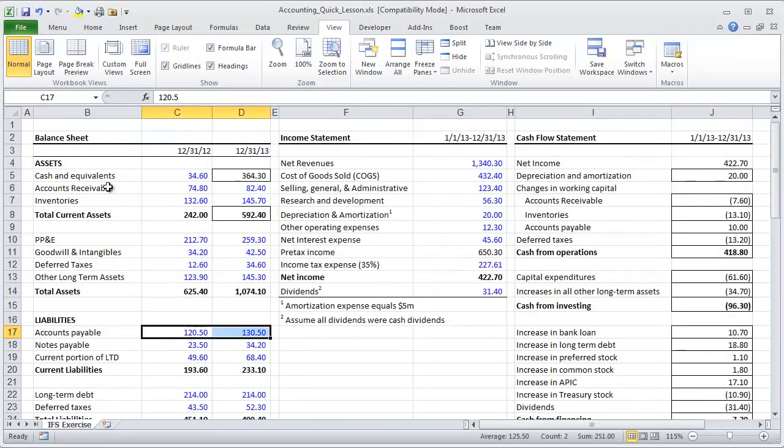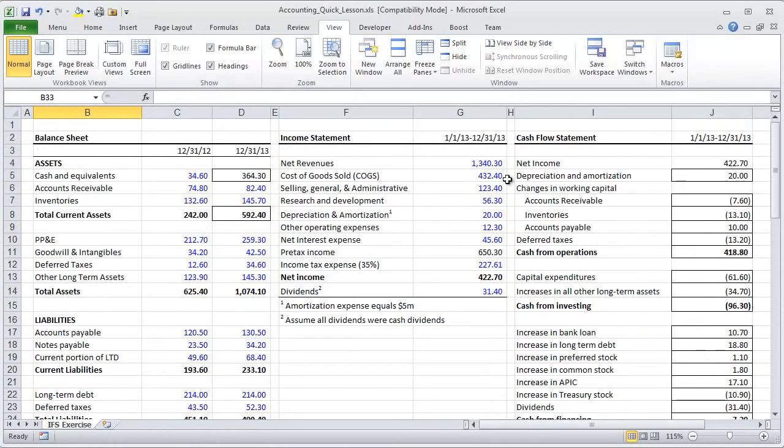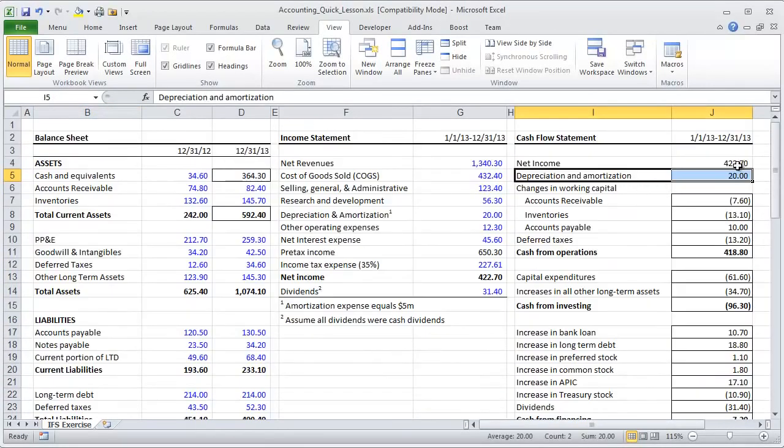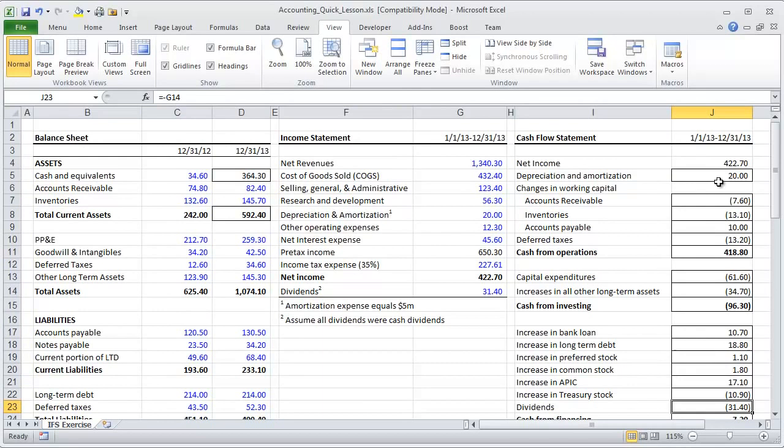If you'll notice, every single line item here on the balance sheet is actually captured in the cash flow statement, whether directly or indirectly. For example, net income is indirectly captured because it's a component of retained earnings, right? So retained earnings is comprised of net income and dividends, both of which are captured in here, whereas some other line items are directly captured, like accounts receivable.